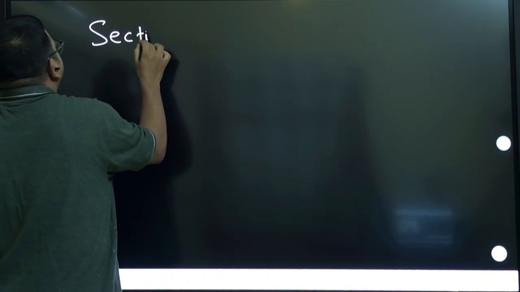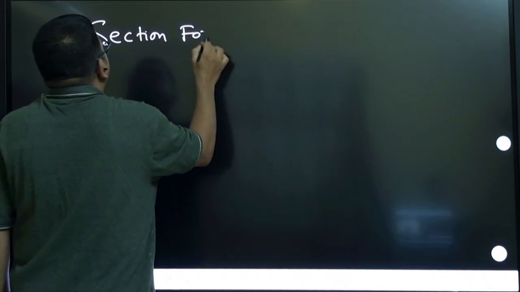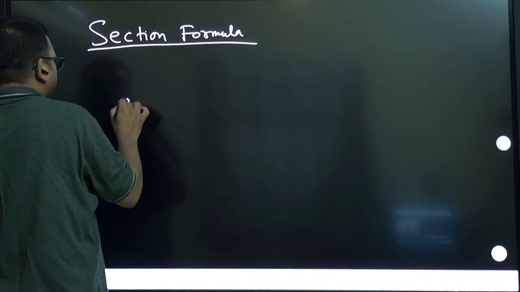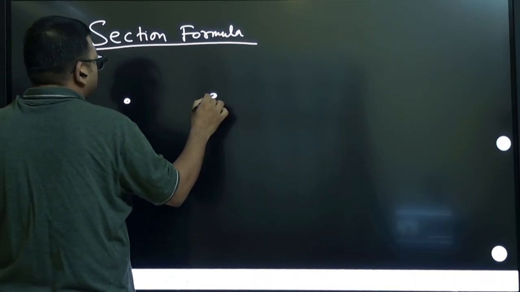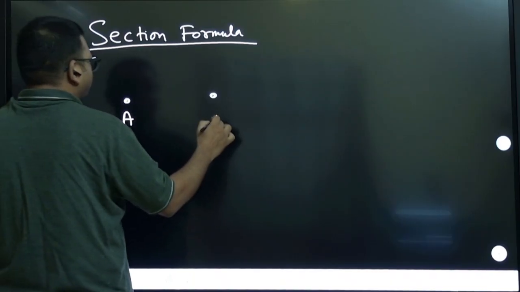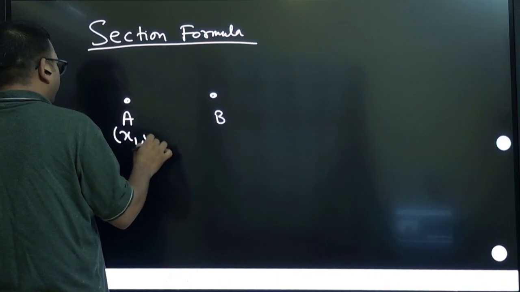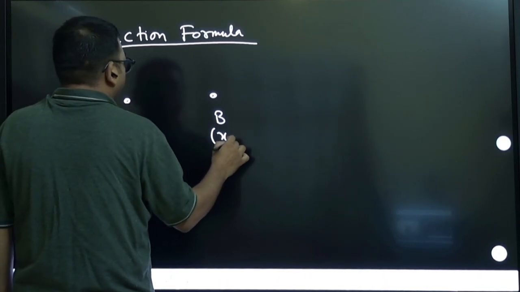Okay, so let us start this topic. First, section formula. Let us understand the section formula. Suppose there are 2 points A and B. Their coordinates are given as x1 comma y1 and x2 comma y2.